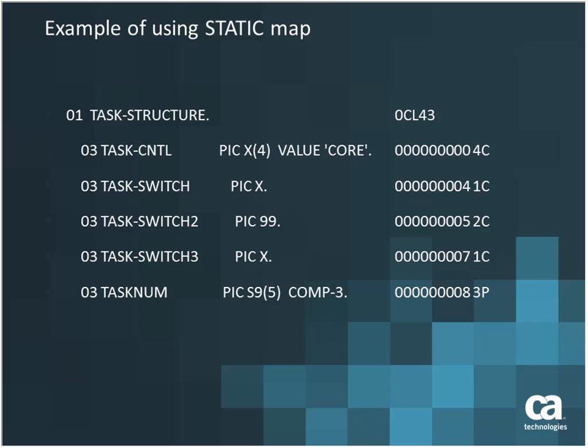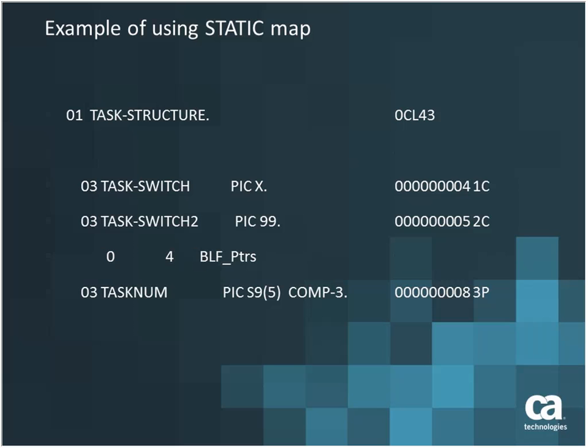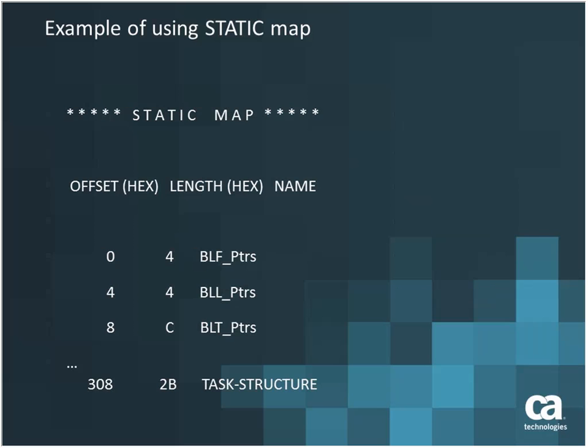In this new method, you need to find the 01 level item that task num is defined to. In this case, that's task structure. And also notice that off to the right of task num, the offset off of task structure is 8. You navigate down to a new area in the listing called a static map.